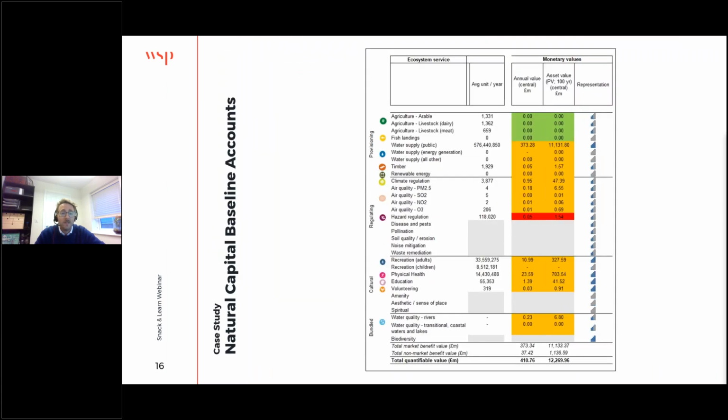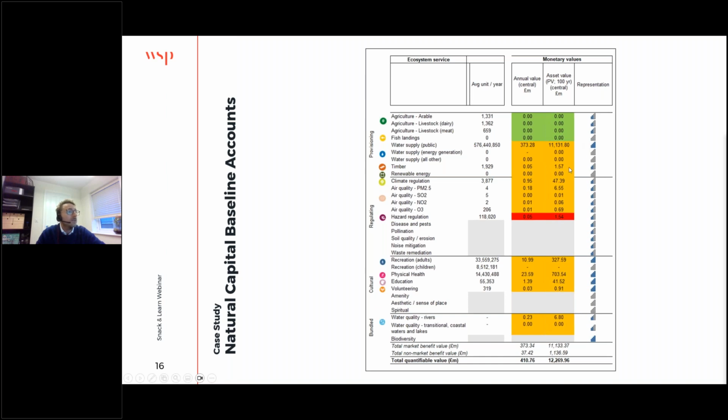We also established natural capital accounts for the company using another tool developed by the UK Environment Agency. Here we can see that the overall natural capital value is estimated to be in the order of 13 billion pounds. And as one would expect, a main contributor to that is the water supply.